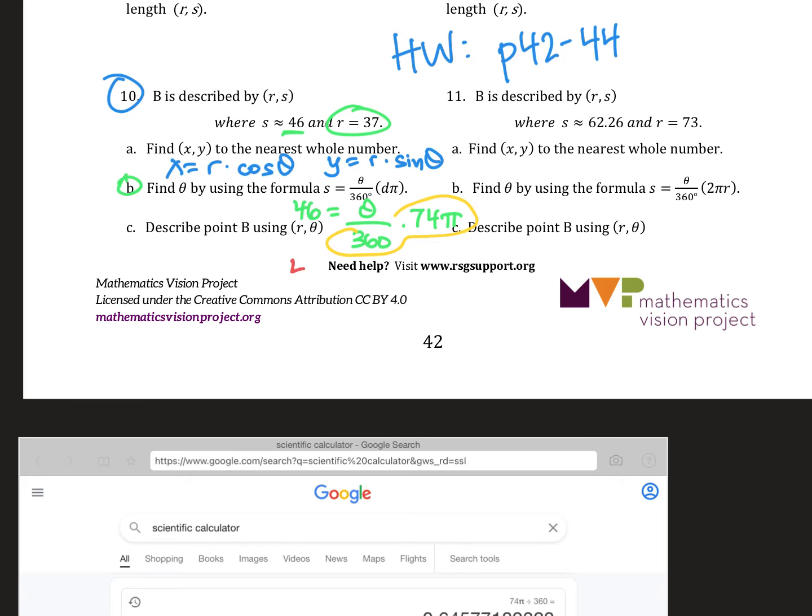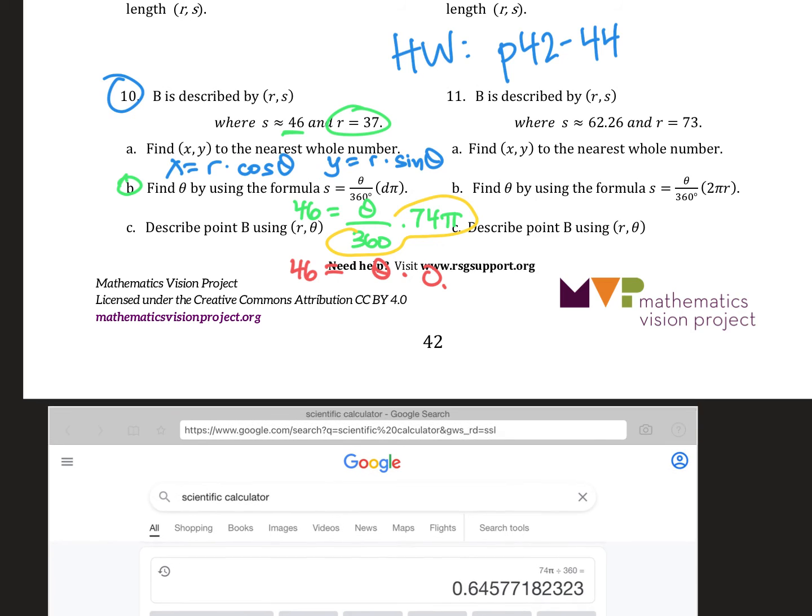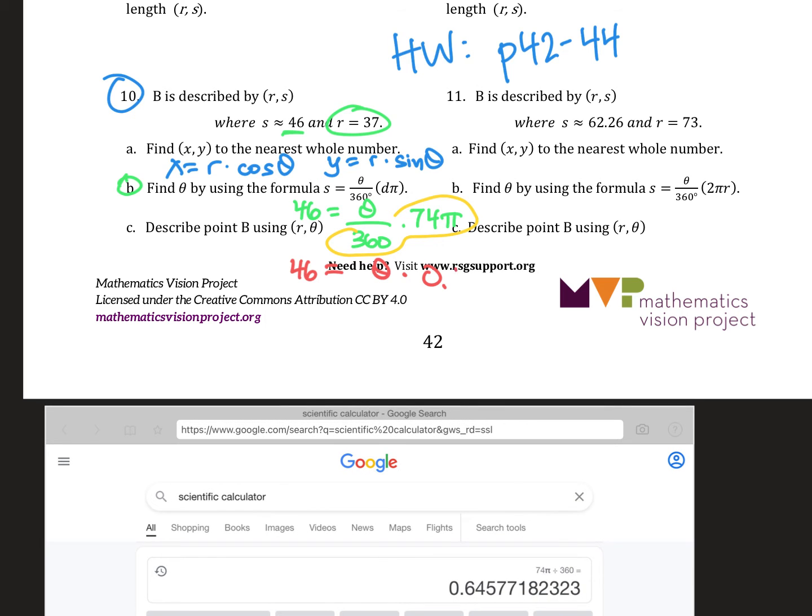So our 46 is equal to theta times, and now of course I can't remember what it said, 0.65. All right. So that's a number times theta because we did the evaluation and got this decimal. So the last step then would be to divide by 0.65 on both sides.